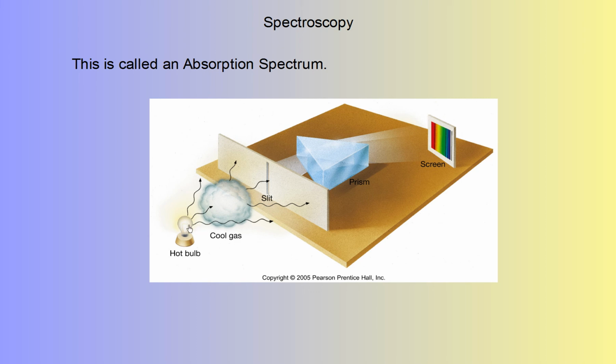So here's our sun, and it's giving off a continuous spectrum. But between us and the sun, there's other stuff like cool gas in our atmosphere. There's actually material in the sun's atmosphere that blocks the light coming from the sun. And then when we look at the spectrum of the light, some of the light coming from the sun is blocked by this cool gas and doesn't reach us, so we see darkness.